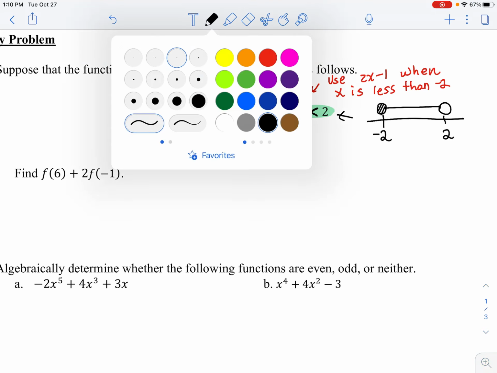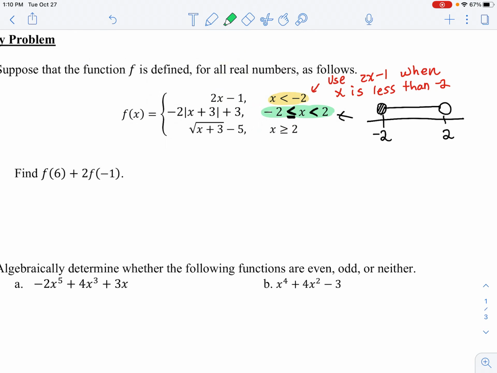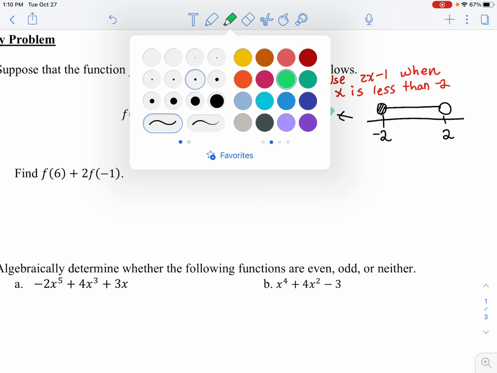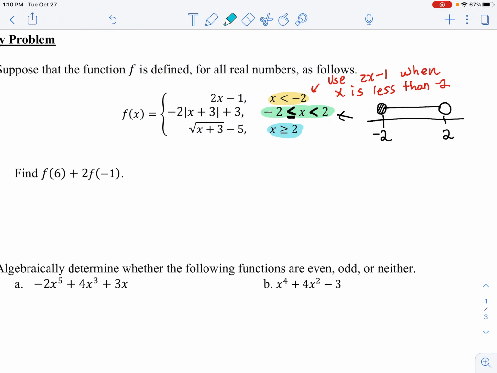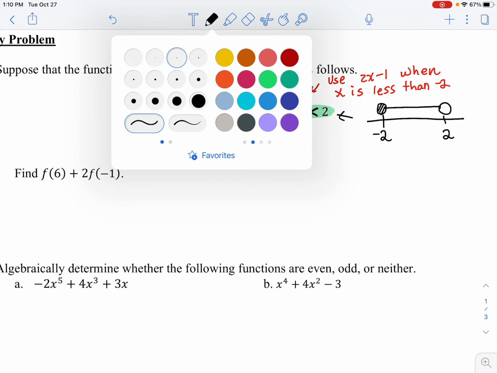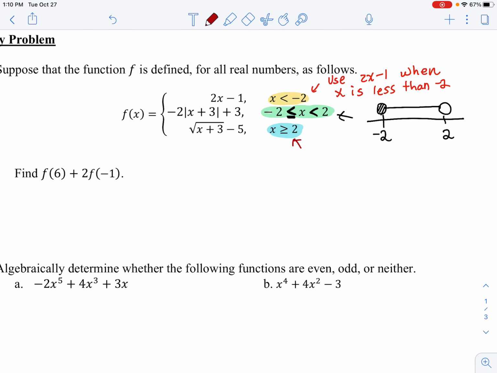Now the last one is pretty easy. It's always the middle piece that has a compound inequality that you have to be careful about. The bottom one is square root of x plus 3 minus 5 when x is greater than or equal to 2.